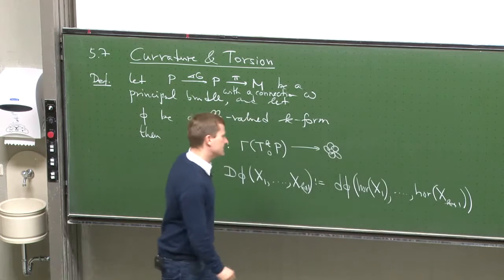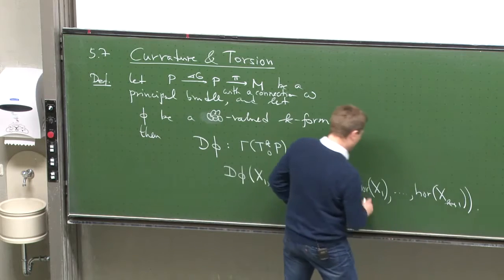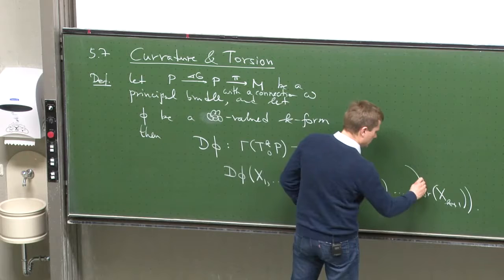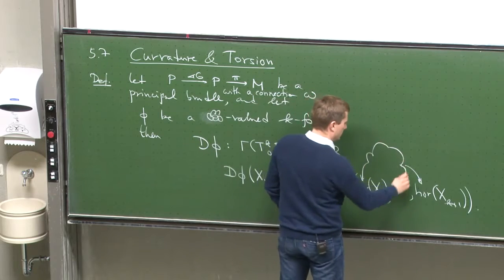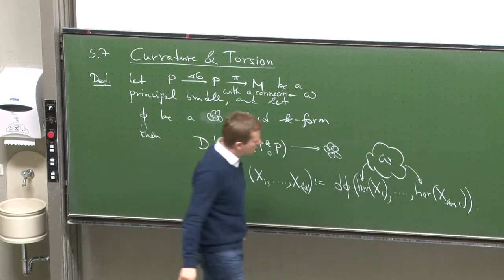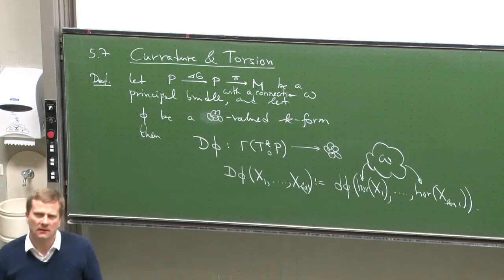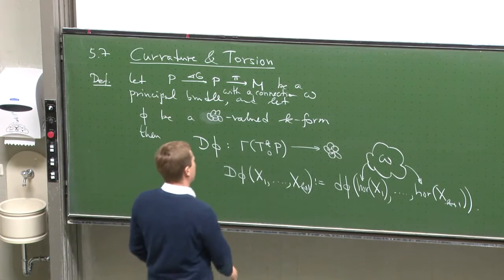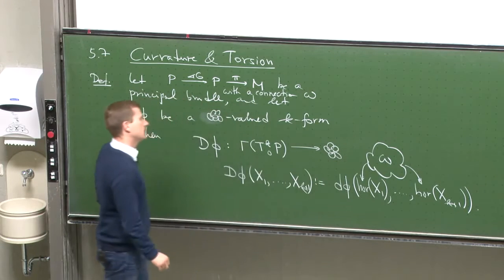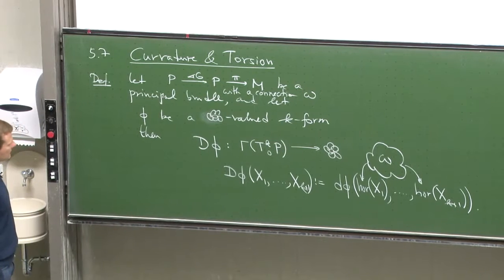And that's it. And of course, you remember that in the definition of this horizontal projection, the connection one-form makes its appearance. All right? So that is the covariant bit of the covariant derivative.